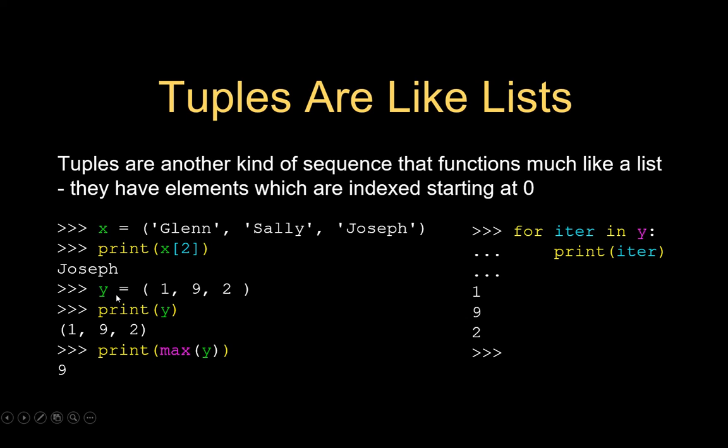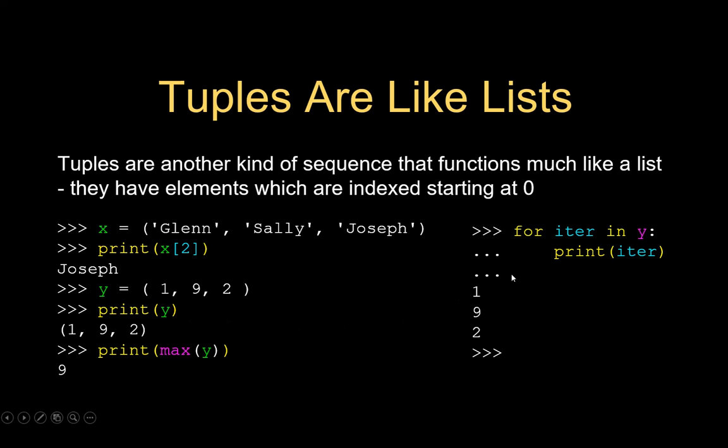Another example is a tuple of 3 items, and we assign it to variable y. When we print y, we get exactly what we had in this variable. When we print the max function of y, we get the maximum one, which is in this case 9.